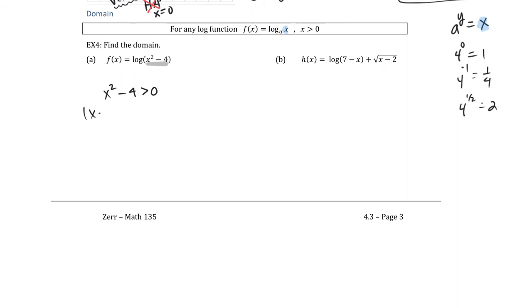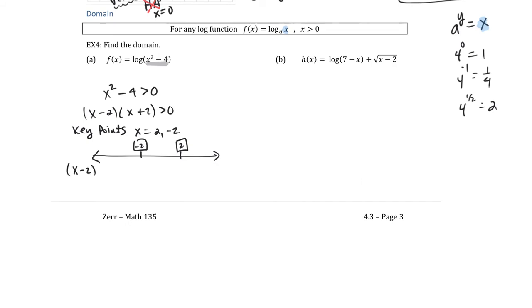We would factor it, and then we're just going to figure out our key points: x equals 2 and -2. Then we want to figure out, using a sign chart, what our signs are for x minus 2 and x plus 2, and then we really want to know what our function is.